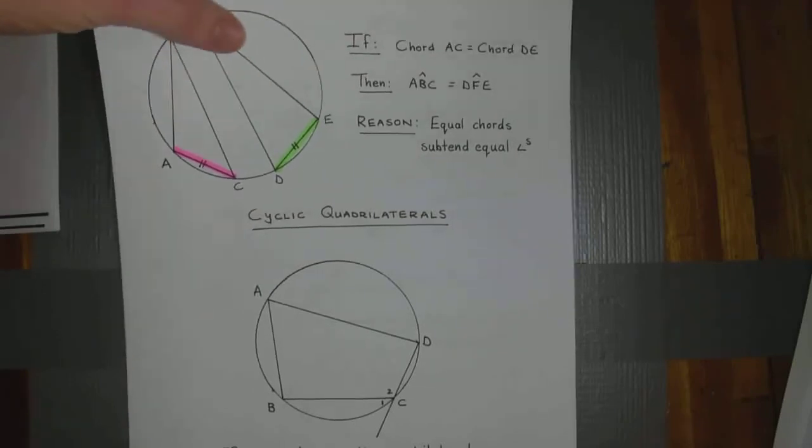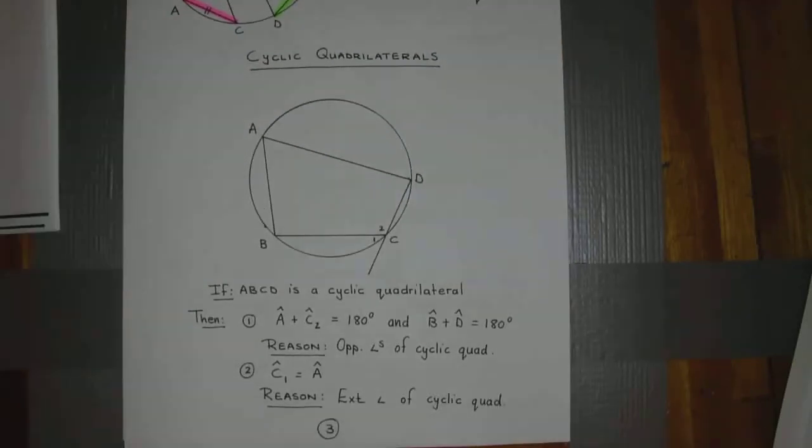Then, cyclic quadrilaterals. A lot of people seem to complicate cyclic quadrilaterals. People, for something to be a cyclic quadrilateral, it needs 4 points on the circumference of the circle. So they don't actually have to tell you it's a cyclic quad. They just have to tell you that the vertices are located on the circle.